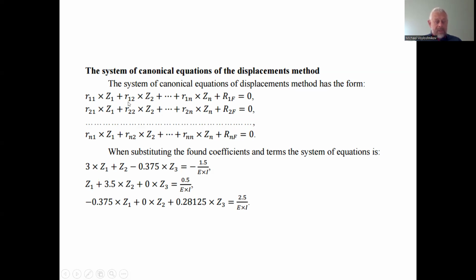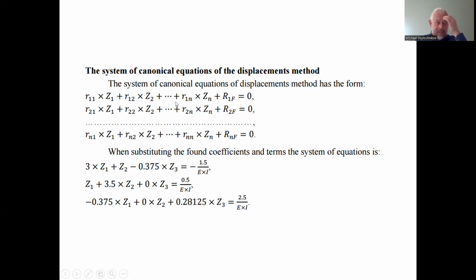So Z2 is exactly the angular displacement of the second embedding. So R12 is the moment arising in the first extra connection if we rotate the extra support Z2 by the unit angle, etc.